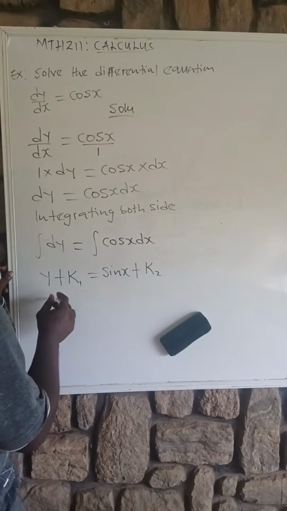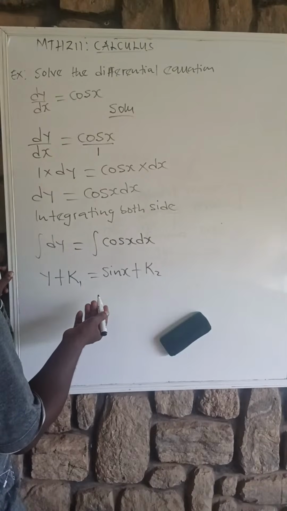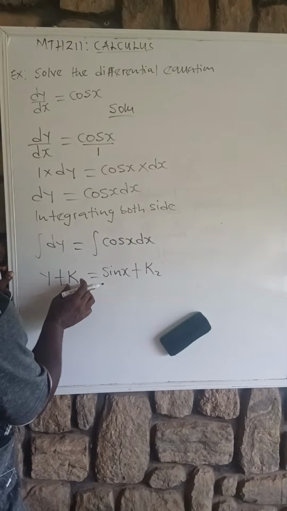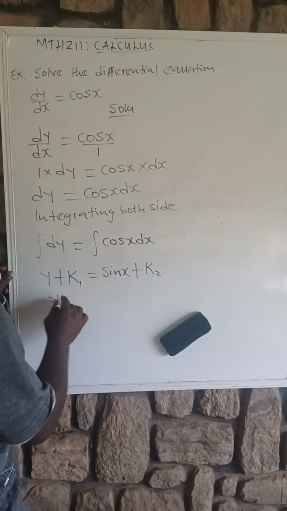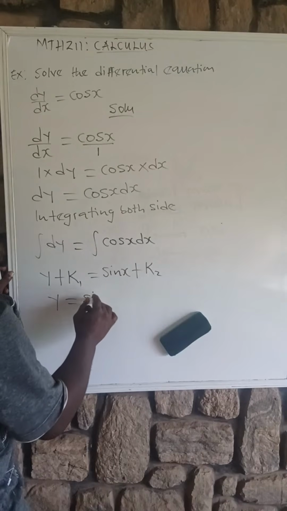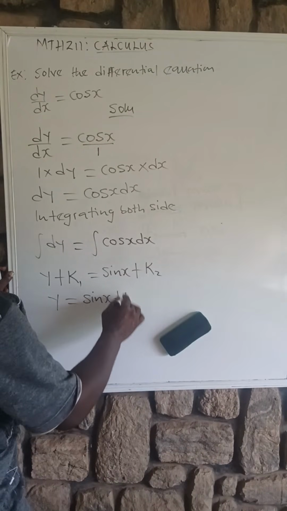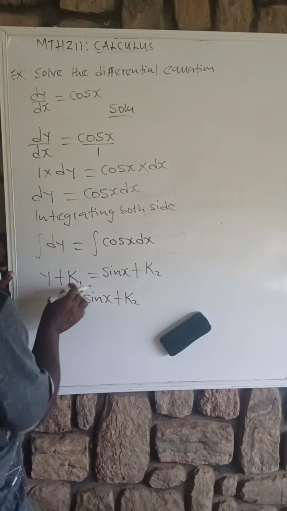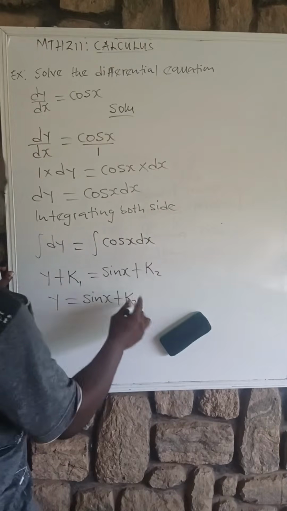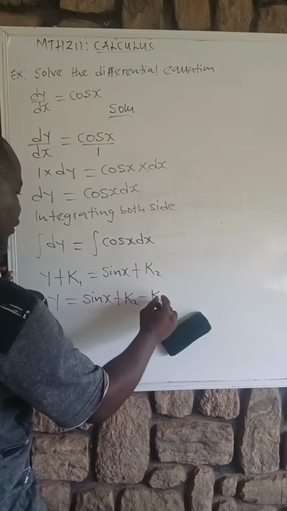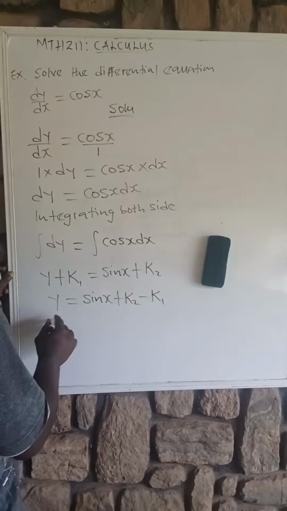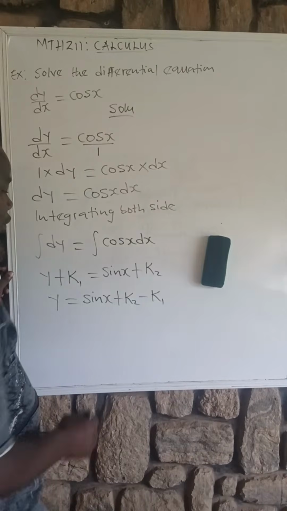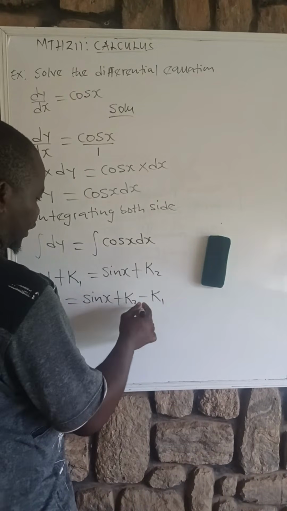So, if you can see what I am saying, we take k1 to the right hand side, so our y will now be equal to sine x plus k2. If k1 crosses the sign of equality, it becomes minus what? Minus 1. Can you see now? So now we don't need k2 minus k1.